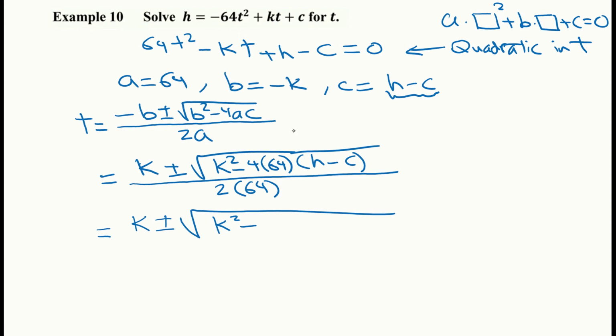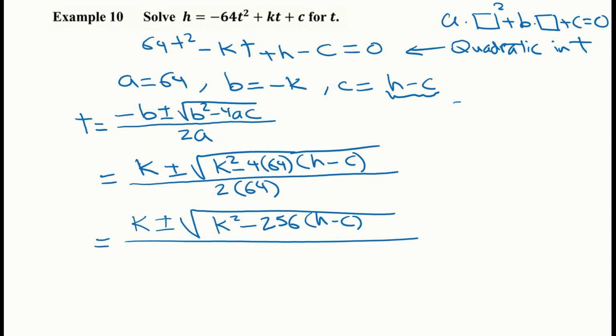So minus 256 times h minus c. So a multiplication like that, of course, on a stressful test day or something, you'll want to verify that on a calculator for sure. Okay? And then over, now 2 times 64, of course, we can do in our heads too. 2 times 60 is 120, and 2 times 4 is 8. We add those, we get 128.